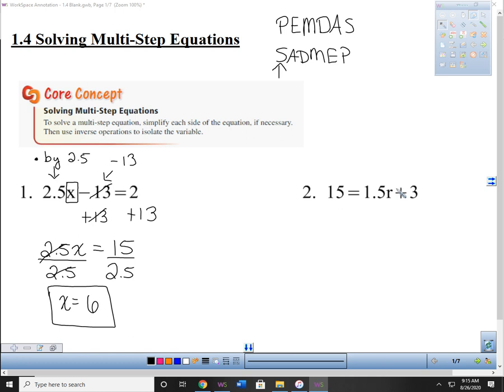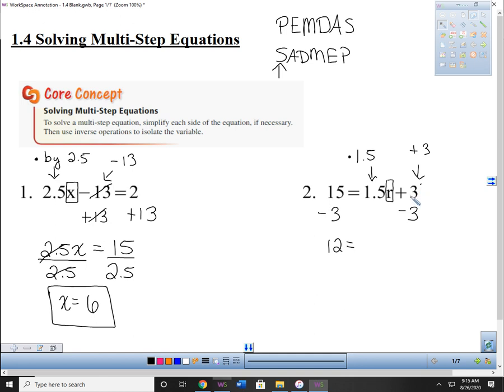So on number 2, here's the variable I want to solve for. I notice that I am taking that variable and multiplying by the 1.5, and I am adding 3 to it. You always think about what you're doing to the variable, all right? So according to this, I would have to undo the addition before I undid the multiplication. So I'm going to go ahead and subtract the 3. 15 minus 3 is 12.